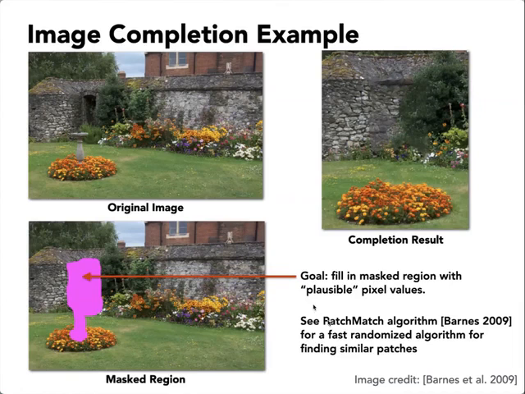Without going into the details of it, I can refer you to the patch match algorithm that was published in 2009 if you're interested in that. If you're interested in image processing projects, this patch match can be a really interesting project example to look into. It's a fast randomized algorithm for finding similar patches in the source texture or source image around neighborhoods in the growing output image.